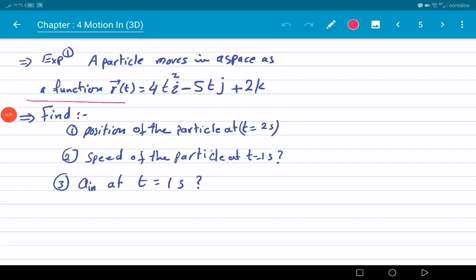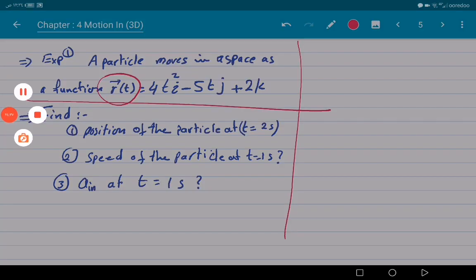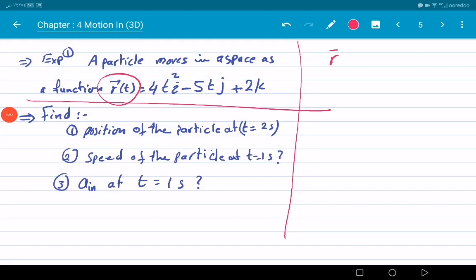Here there is an example. R, as a position vector, is given as a function of t: it is equal to 4t squared i hat minus 5t j hat plus 2k. That means the particle moves in 3 dimensions, i, j, k.